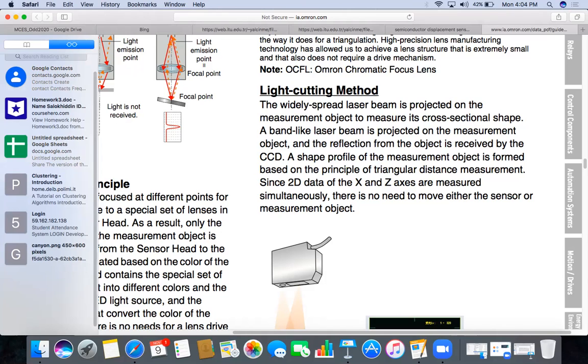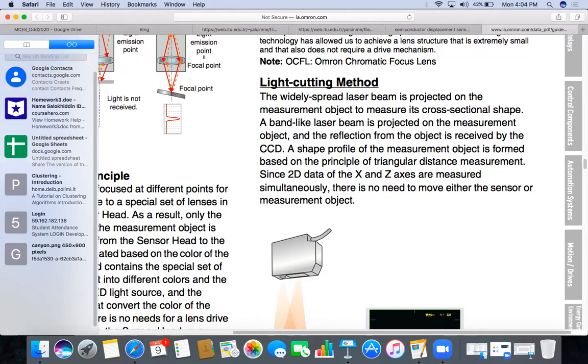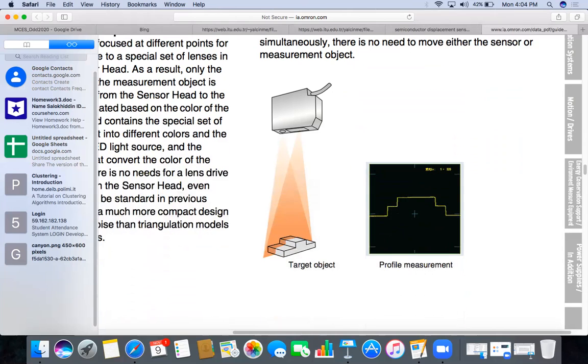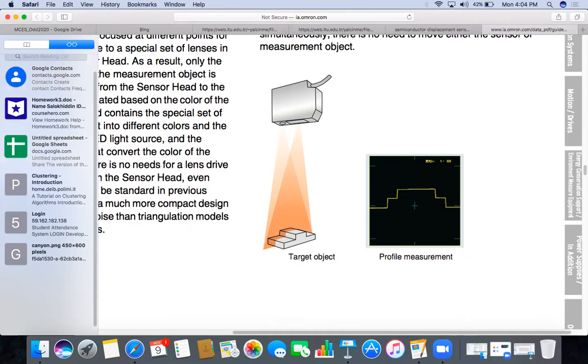A shape profile of the measurement object is formed based on the principle of triangular distance measurement. Since 2D data of the x and z axis are measured simultaneously, there is no need to move either the sensor or measurement object. So it is shown over there, the method, target object, above that the module is fixed and profile is measured.